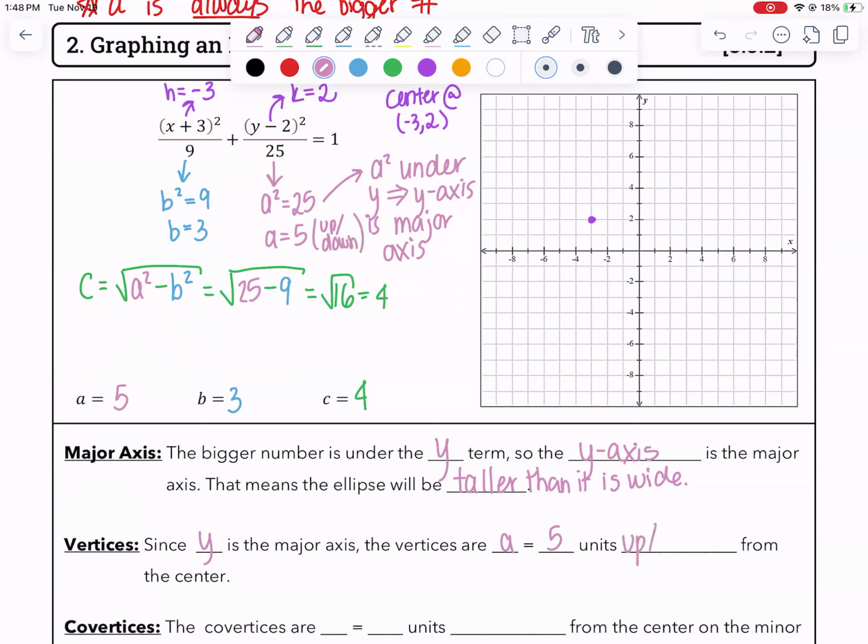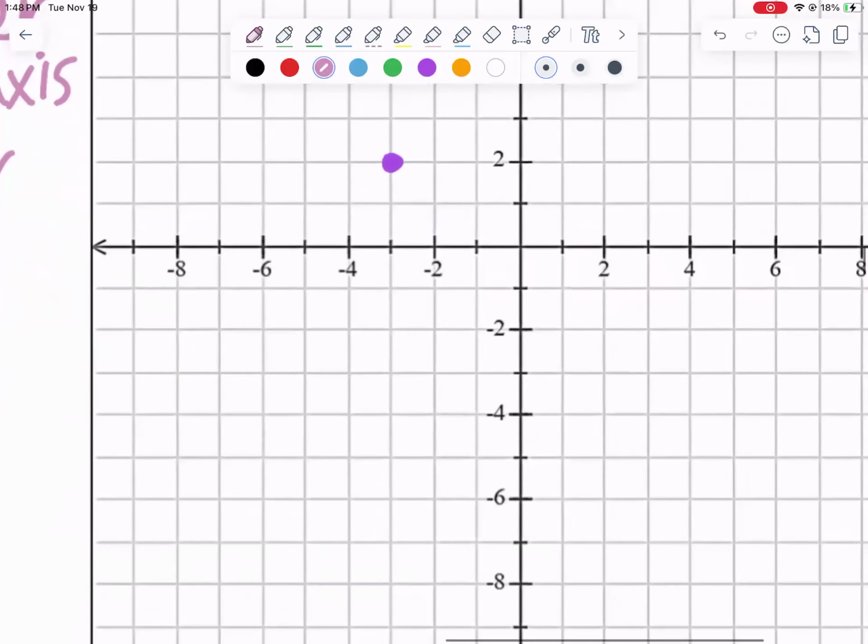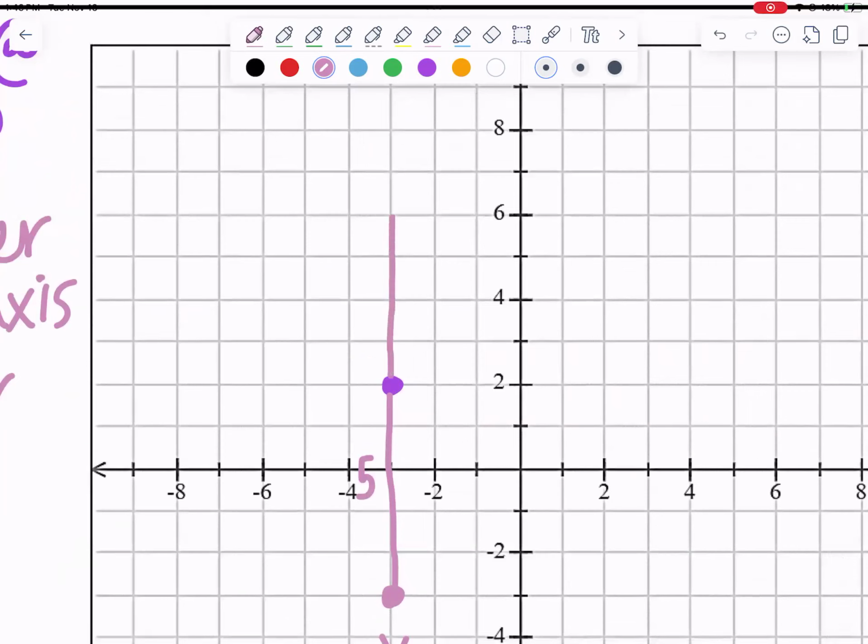So I'm going to come here and go down 1, 2, 3, 4, 5 units and plot my first vertex. So this was 5 units, we went that way. Then from the center, I'm going to go up 1, 2, 3, 4, 5 units and plot another vertex.